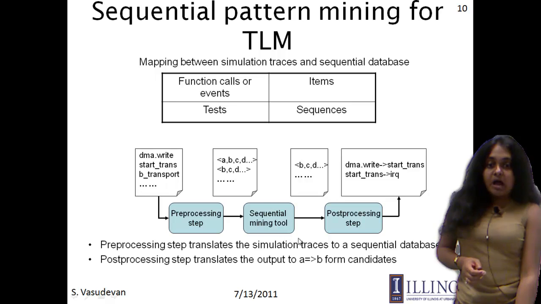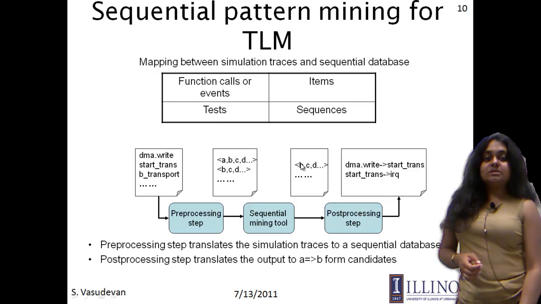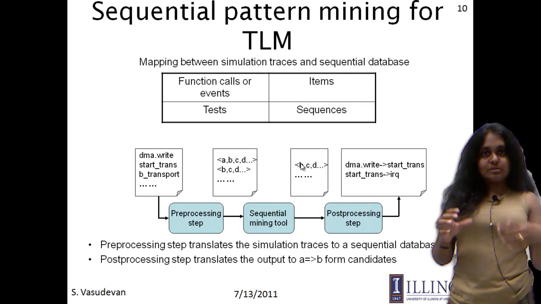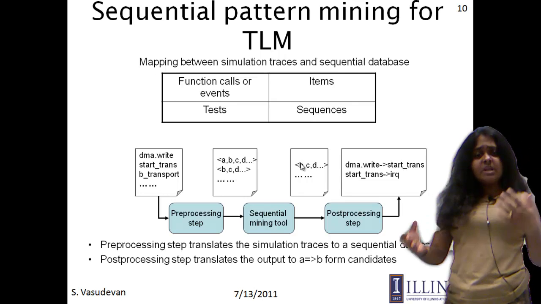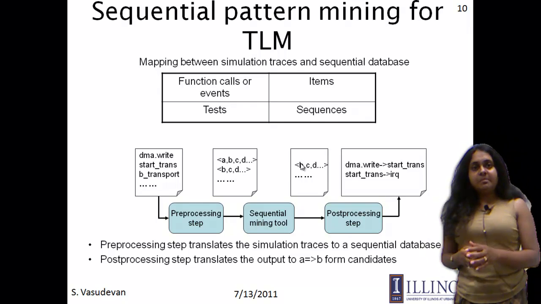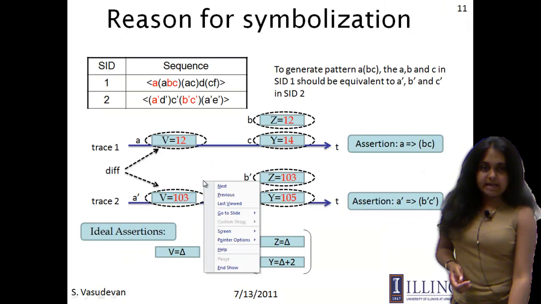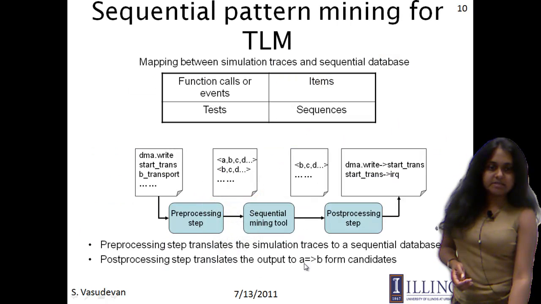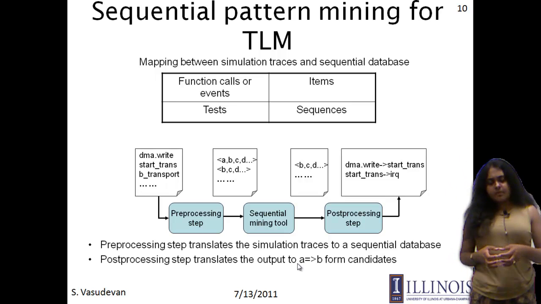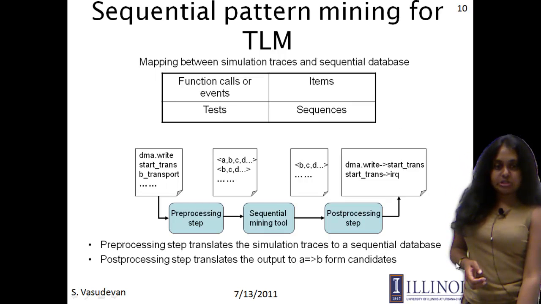Then after the sequential pattern mining tool comes up with these patterns, which, as we saw in the previous slide, are just patterns of sequences, in order to convert them into an assertion format, we do some post processing and ultimately end up with this A implies B sort of format to form candidate assertions.